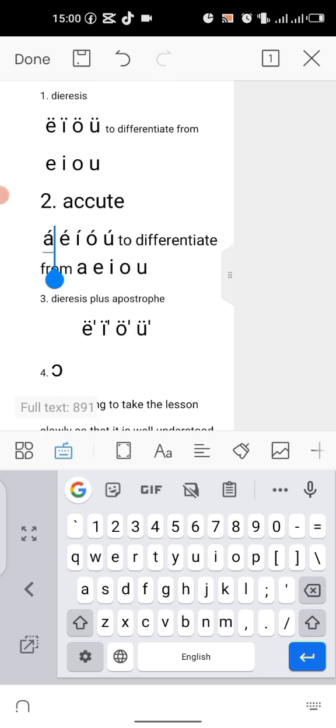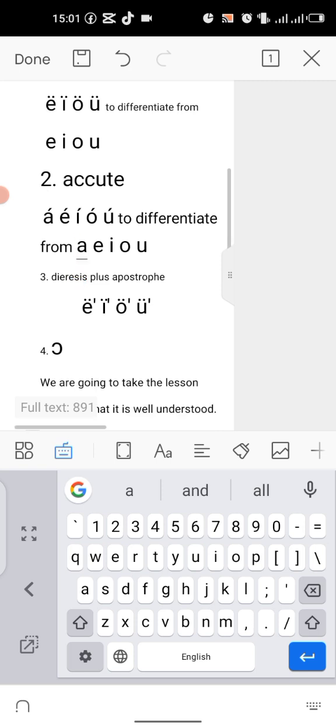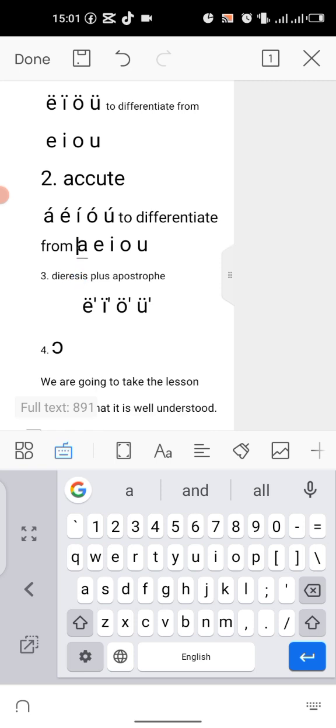The first one here is A. The second one here is E. The third one here is E. The fourth one is O. The fifth one is O, to differentiate from A, E, I, O.